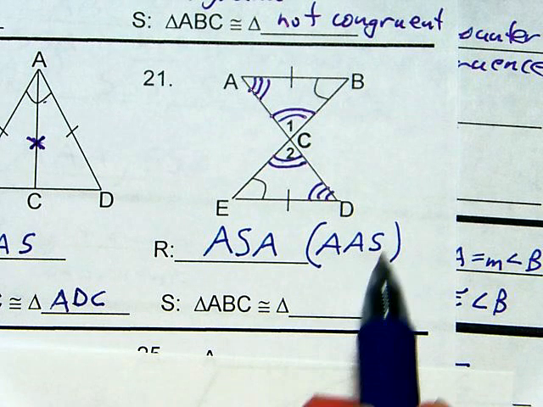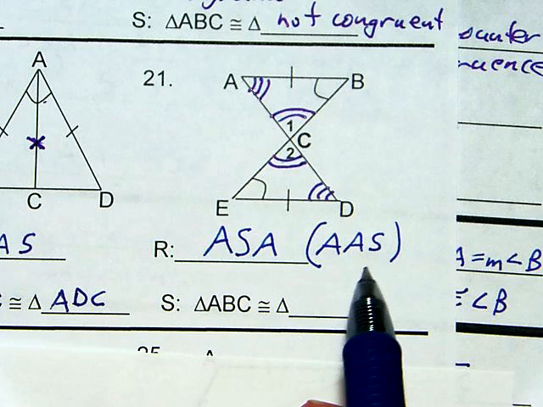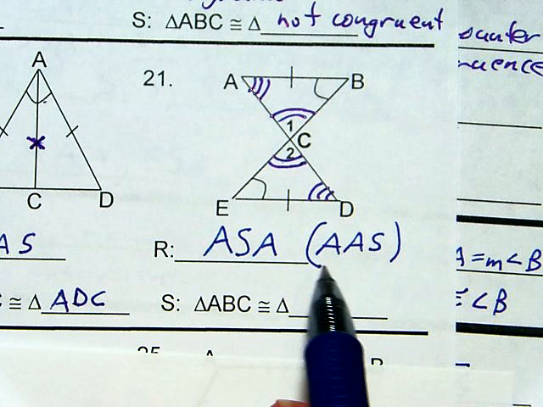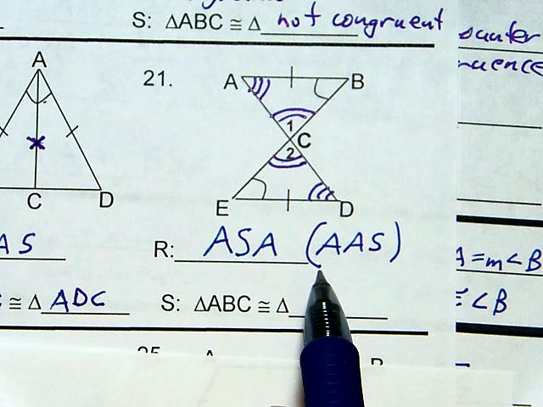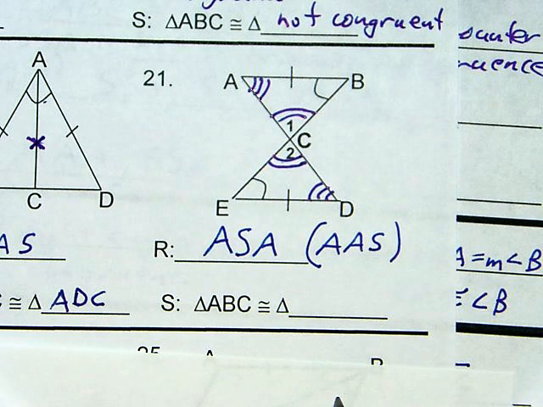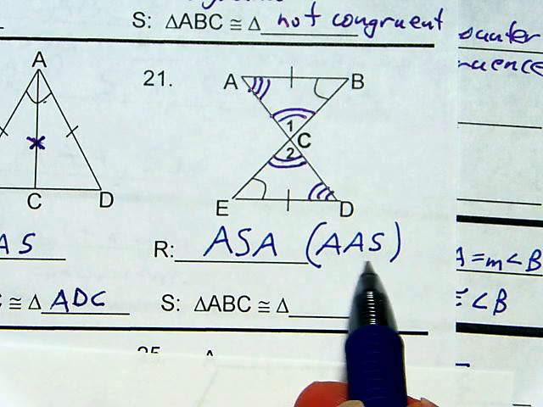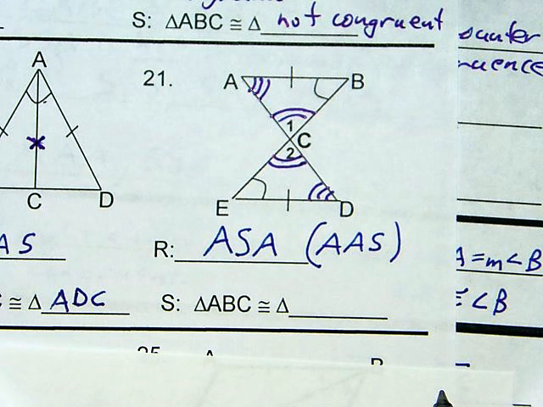So we kind of discovered for ourselves another congruence criterion, which has been around for a long time: angle, angle, side. We can add that to our collection, because angle, angle, side and angle, side, angle are equivalent.